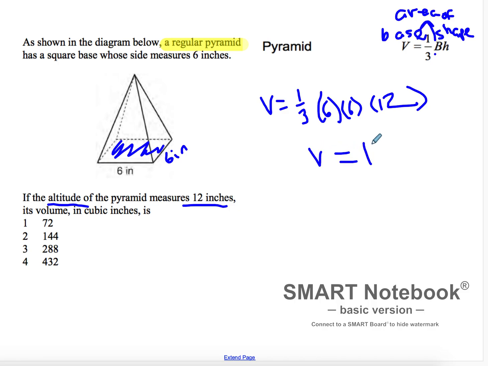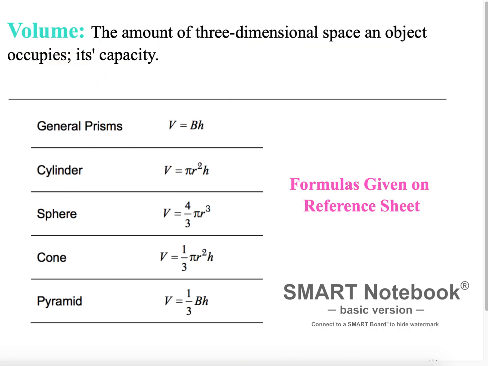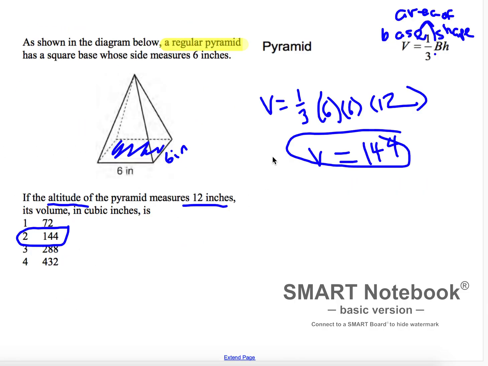So you can throw that all into your calculator and you end up with a volume of 144. But again, the problem wasn't too difficult. It's asking for volume, so we just plug it into whichever formula we're looking for and we get out volume. The only thing here is we got to make sure we're always using the area of the base shape and not this base side 6.